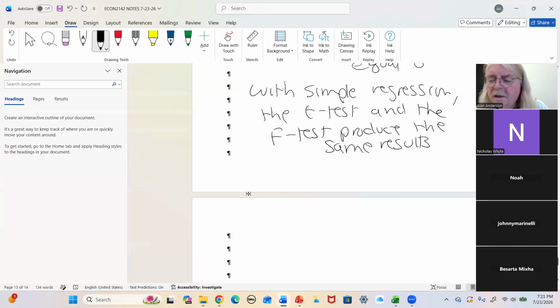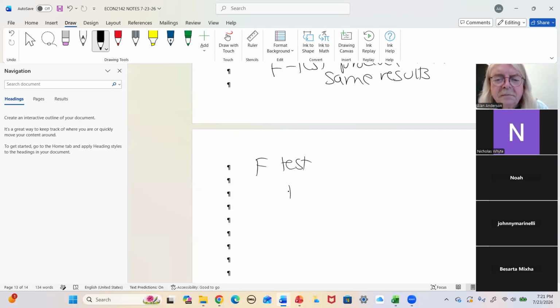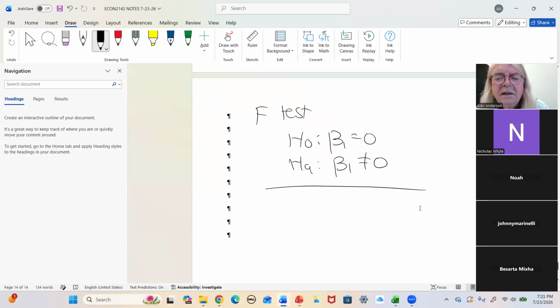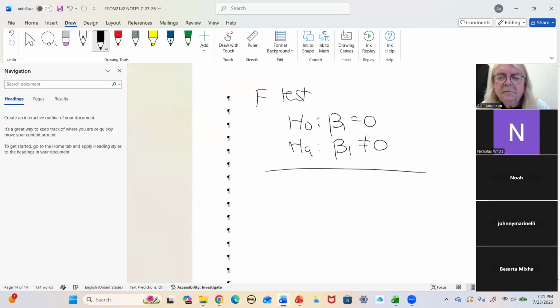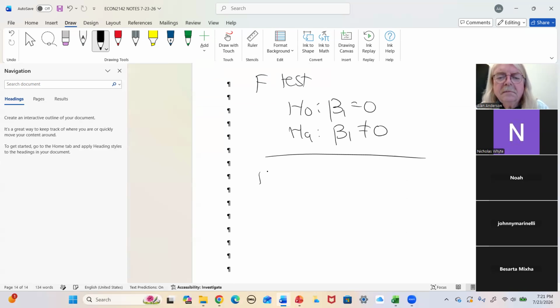So with only the one independent variable, what's different is the test statistic. And it says MSR over MSE. What is that supposed to mean?